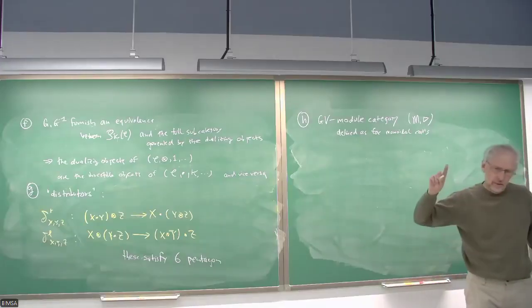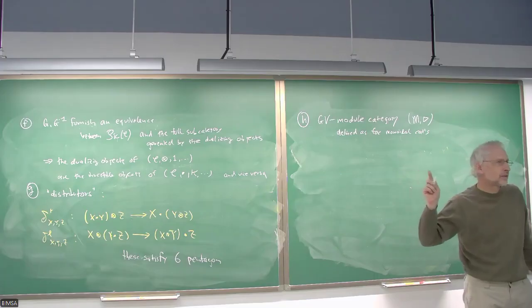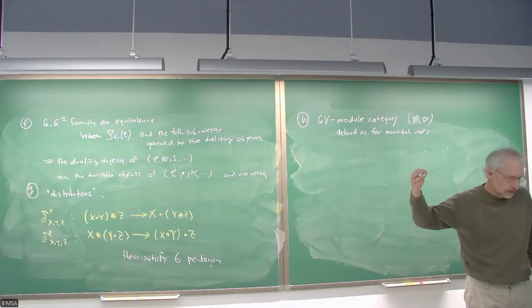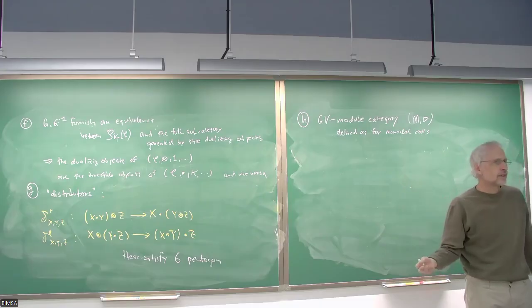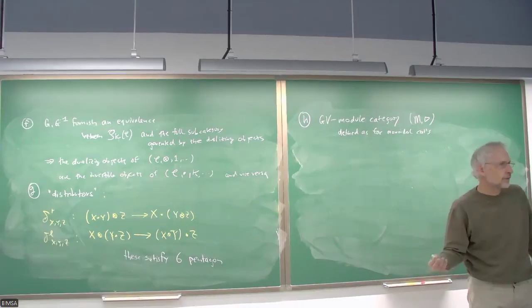And remember, when I introduced monoidal category, I did this twice. First for general monoidal categories, and then for the special case of finite tensor categories, where there was an additional requirement.